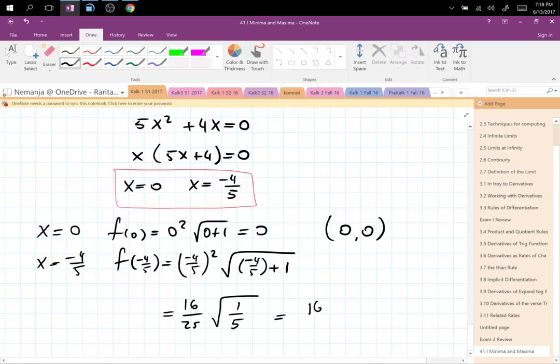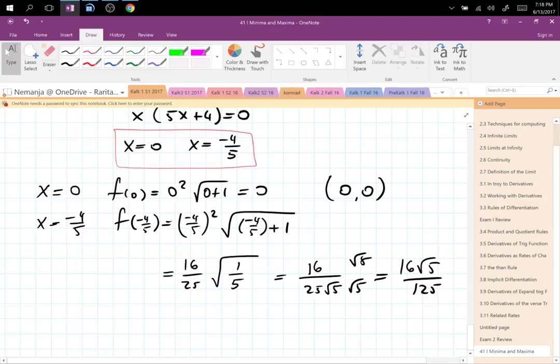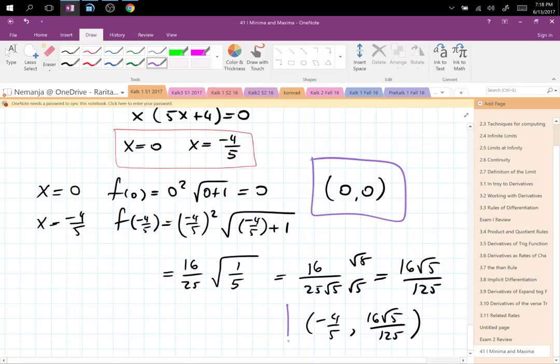So this is 16 divided by 25 root 5, and then we multiply root 5 on top and bottom to simplify. We get 16 root 5 over 125. So negative 4/5 and 16 root 5 over 125 is the second point. Those are the two critical points that we were looking for.